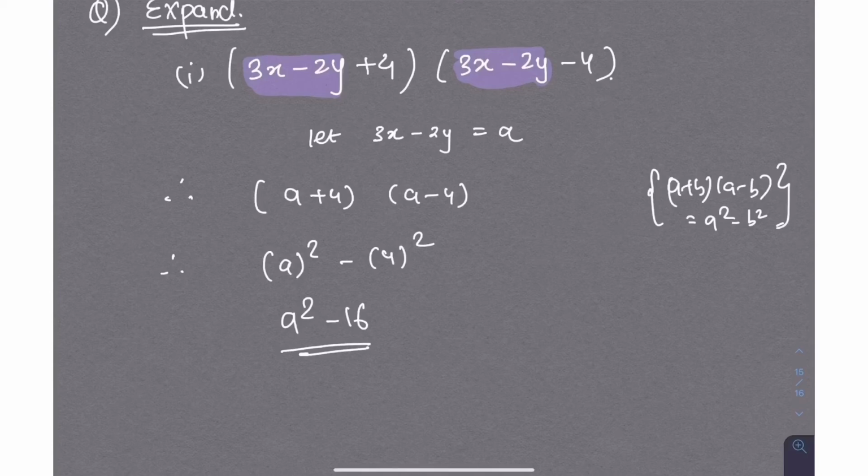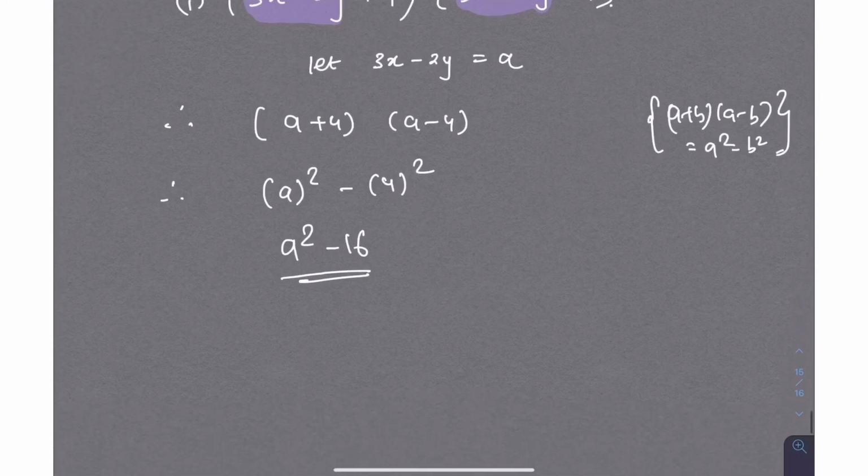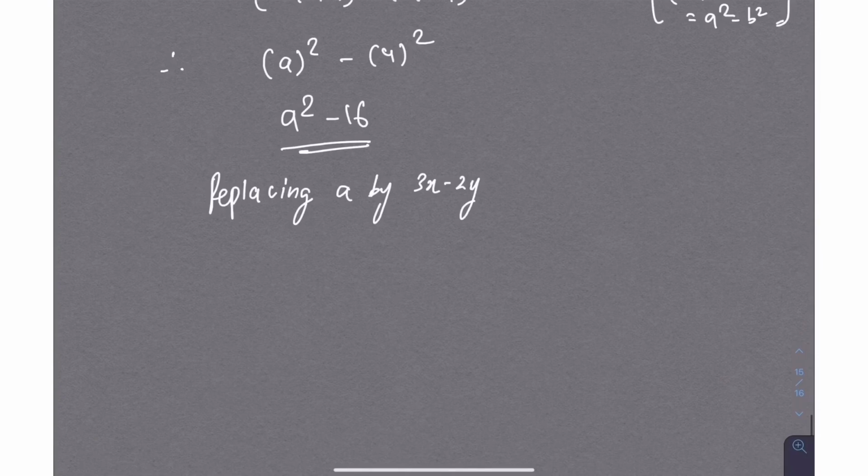So what we need to do is now replace a by 3x minus 2y. So what we are going to get is 3x minus 2y the whole square minus 16. So when we expand this, we need to use the formula a minus b the whole square. So what is the formula?